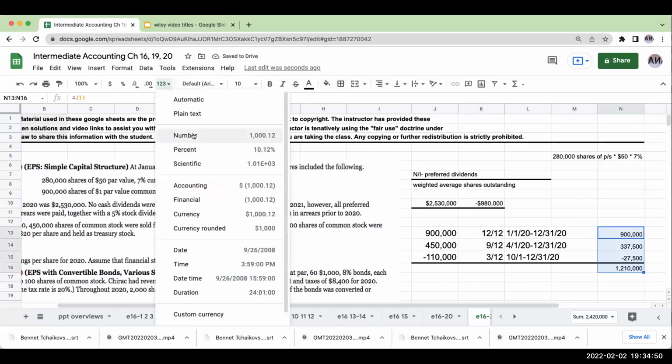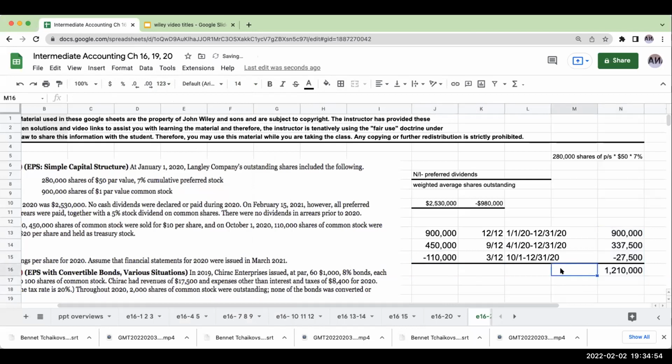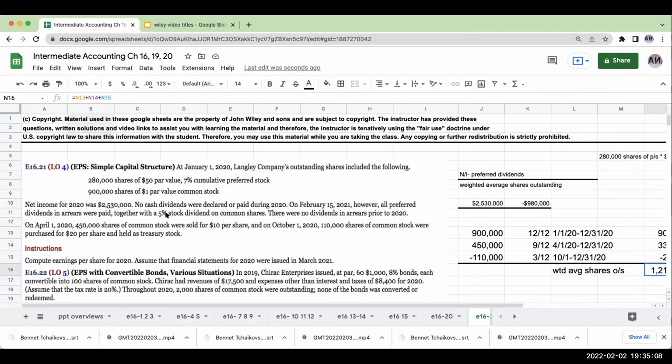So my weighted average shares outstanding is 1.2 million. Now, before I issued the financial statements, I did a 5% stock dividend.